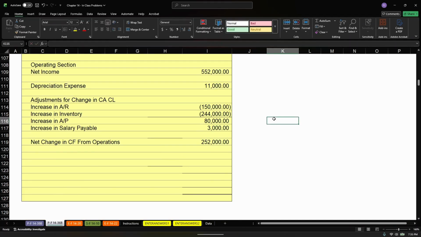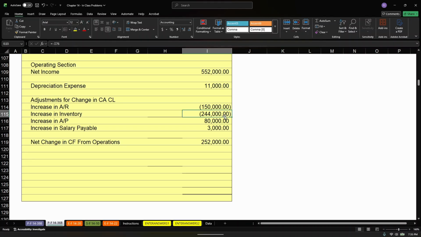I'll give you a hypothetical just to show you that each of these is done independently, but they all are related. For example, let's say I bought inventory of 244,000, which is a negative adjustment because it's a current asset going up. But let's say I financed it all with accounts payable.